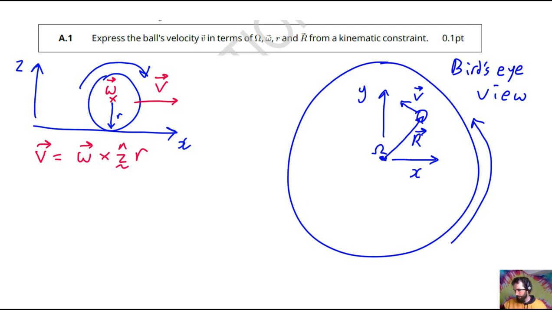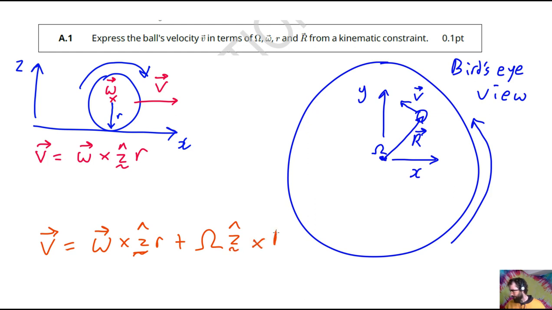If we update our formula, we're going to have the same as before, V equals omega cross Z direction R. But now we're going to have this additional term where we take the cross product between our capital omega and Z and R. Now if we have a quick look at the direction, since Z's coming out of the page and R's going out that direction, indeed we find that that gives the velocity V direction illustrated here on the diagram. So that's part 1A.